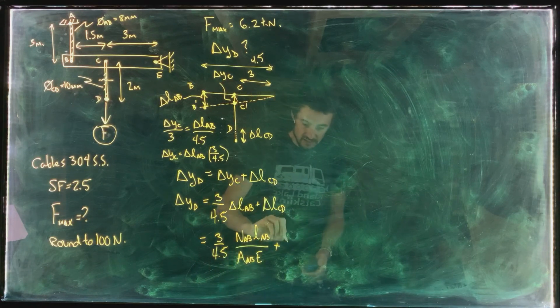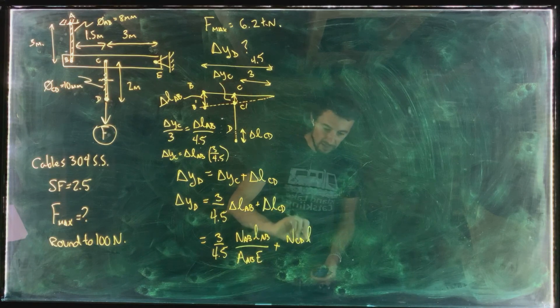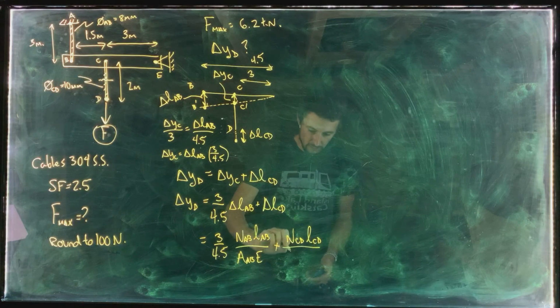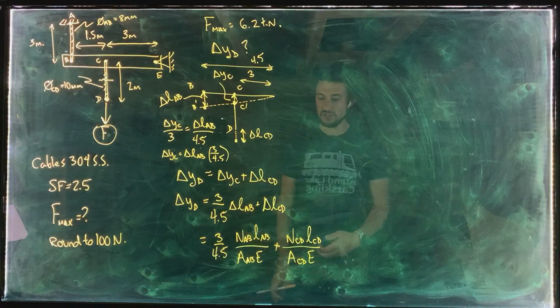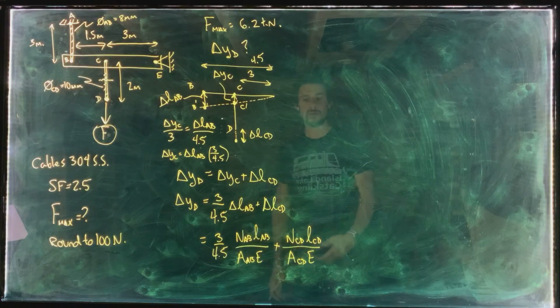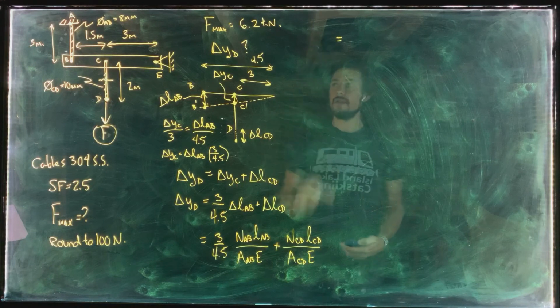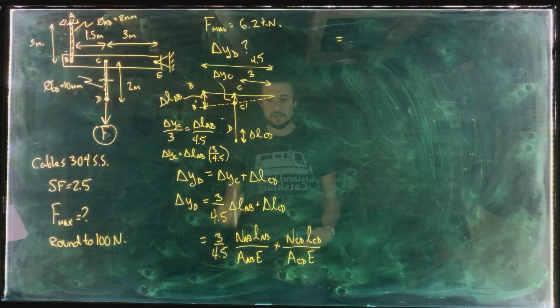And then for CD here, we've got NCD, LCD over cross-sectional area CD, and again, modulus of elasticity. Okay. So let's put in some numbers and complete the problem.